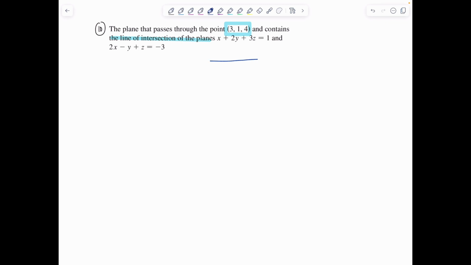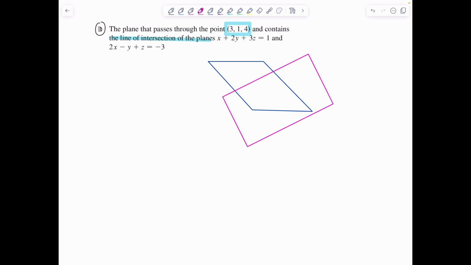We have two planes that are intersecting, and most of the time when two planes intersect, they do so at infinitely many points where there's a line at their intersection. Okay, so maybe let me adjust this one a little bit, and we can draw approximately, maybe their line of intersection looks something like this. Okay, there's their line of intersection.